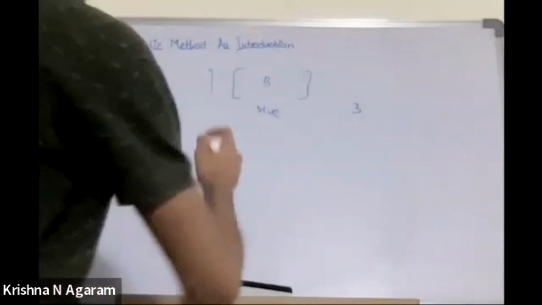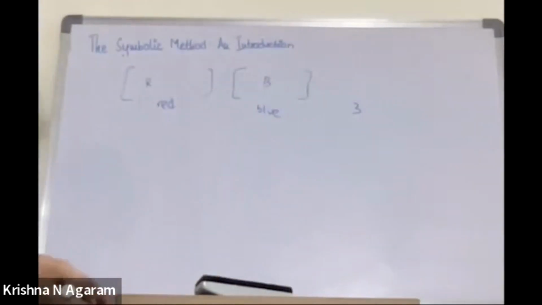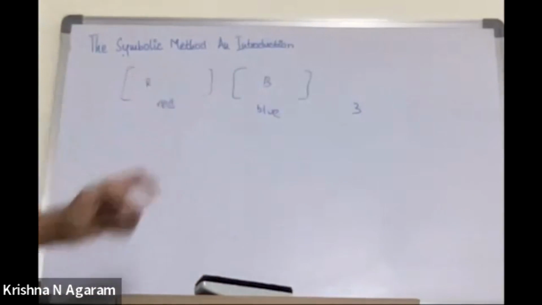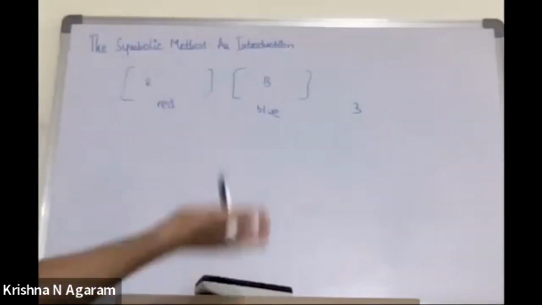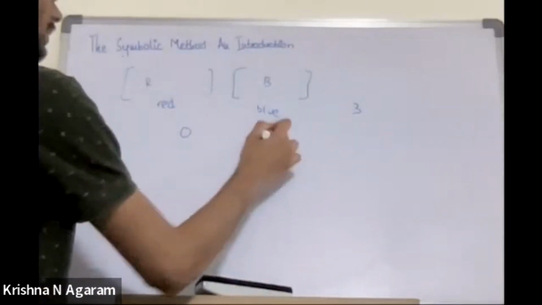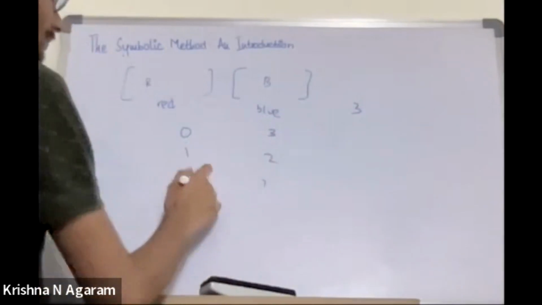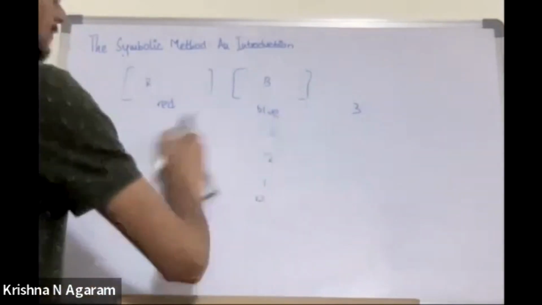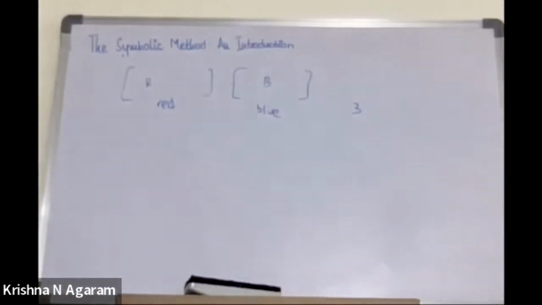In that case, the number of ways you could do this, if you have an infinite supply of each, is of course 4, because either you pick 0 and 3, 1 and 2, 2 and 1, or 3 and 0.